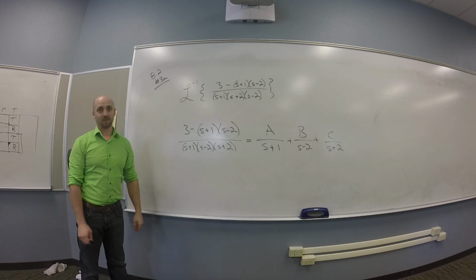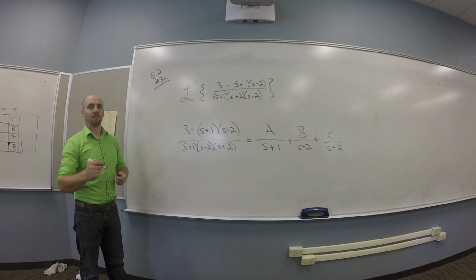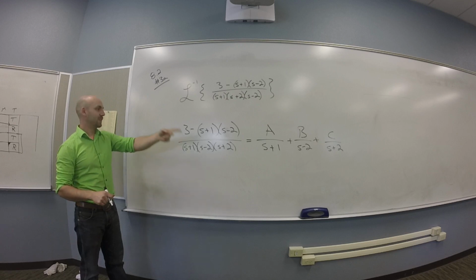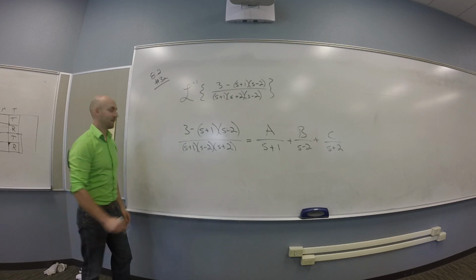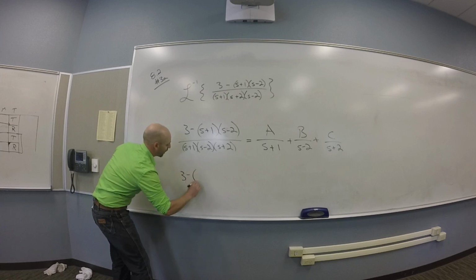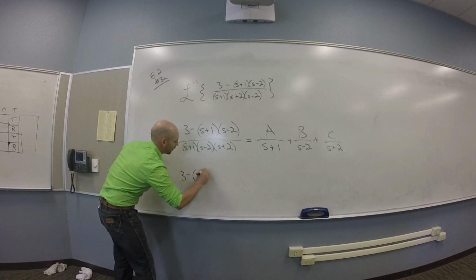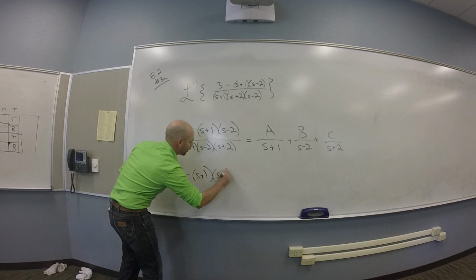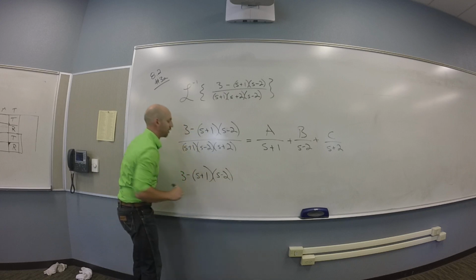So, then what? Multiply both sides by the big bottom, right? Basically make a common denominator. So I got 3 minus the quantity s plus 1 times the quantity s minus 2. That was supposed to be 1.